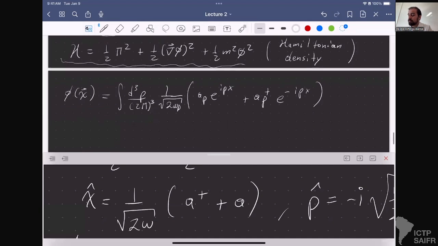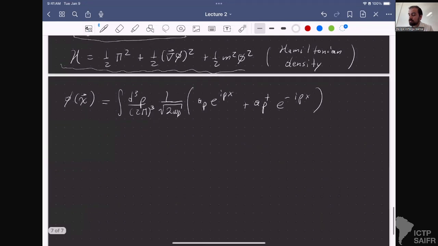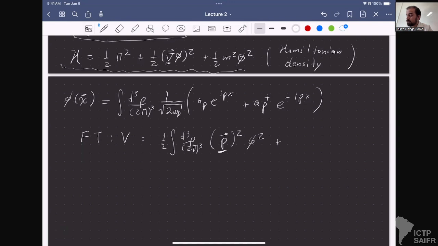And similarly here, when we do the Fourier transformation, so let me erase this. When you do a Fourier transformation of the potential part of the Hamiltonian, you will get something that goes like p squared, the gradient becomes p squared, and then you still get the m squared of the field.